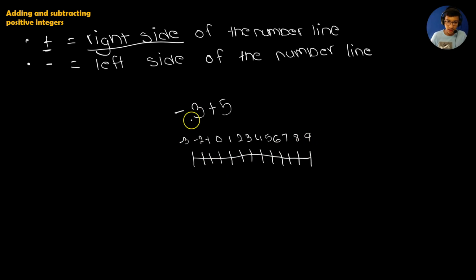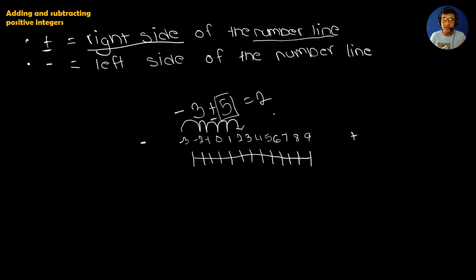I think that'd be enough. We start from -3, and it's an add sign, so we're moving to the right side of the number line, and by how much? By 5. So we start at -3 and move right 5 times, 1, 2, 3, 4 and 5, and our number lands on +2. This side is the negative side and this side is the positive side, so +2.